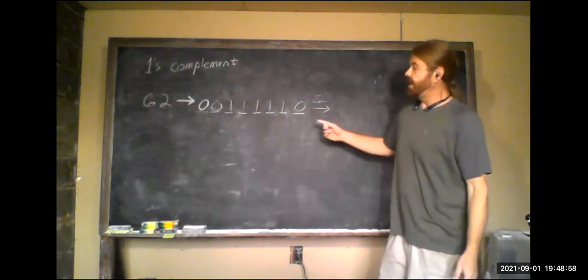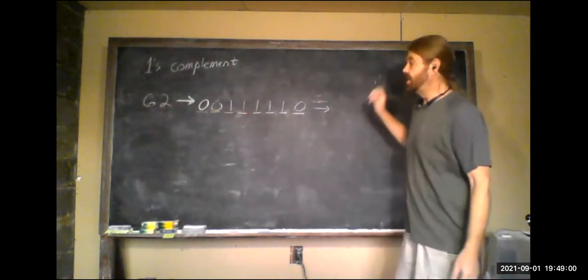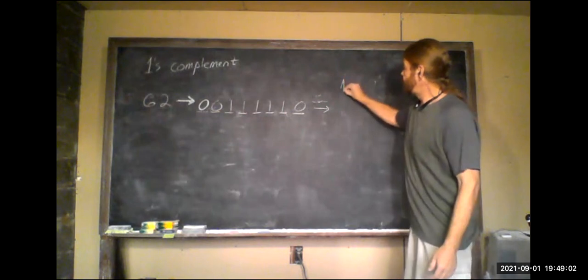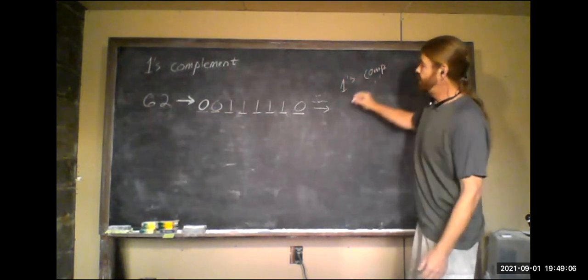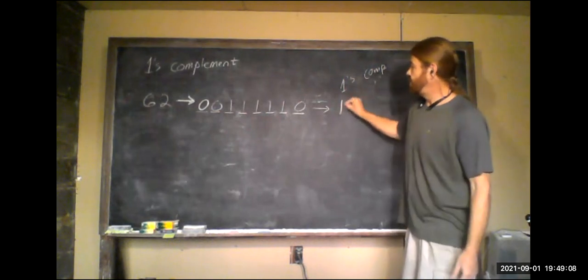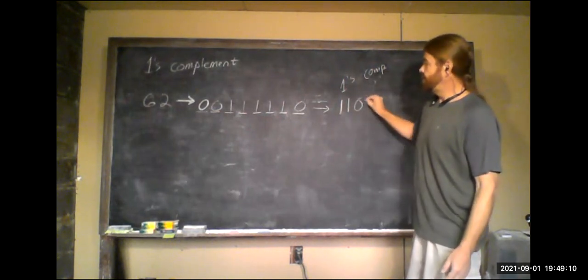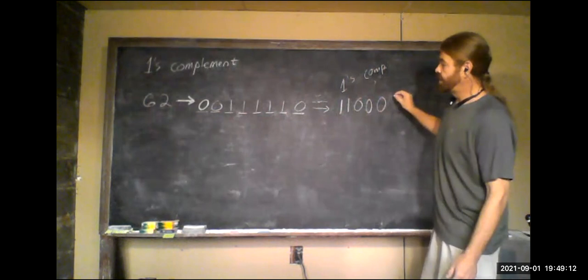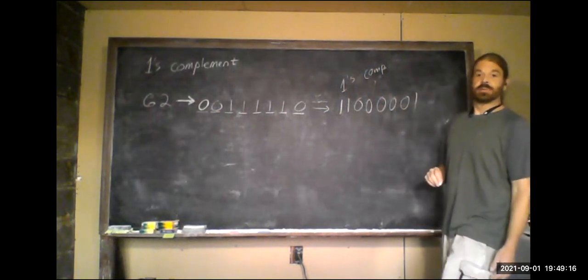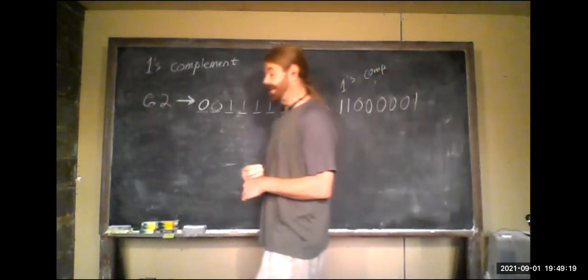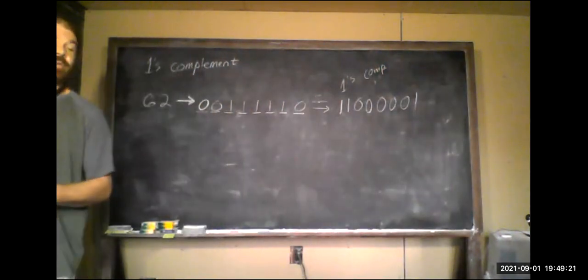The complement is we just switch all those 1s to 0s. So our 1's complement of that is 1, 1, 0, 0, 0, 0, 0, 1. That's straightforward, right? Just switch all those.